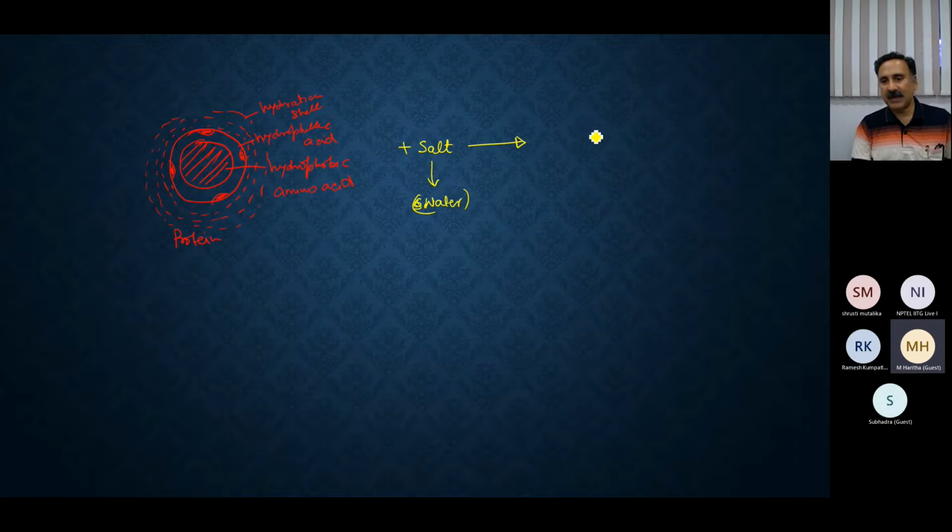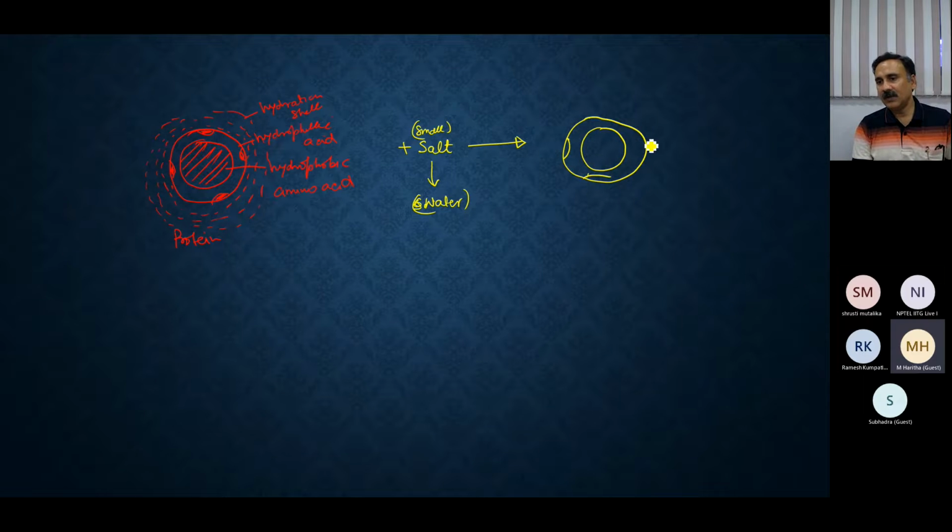In that case, the number of layers in the hydration shell is going to reduce. After you add a small amount of salt, the protein is going to lose some of the hydration shells.